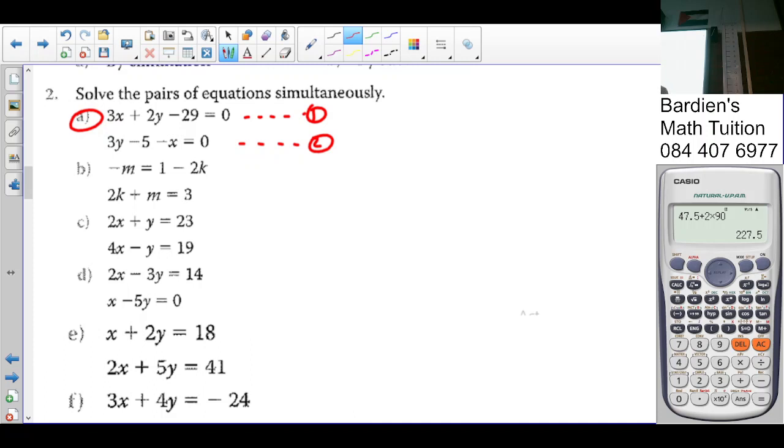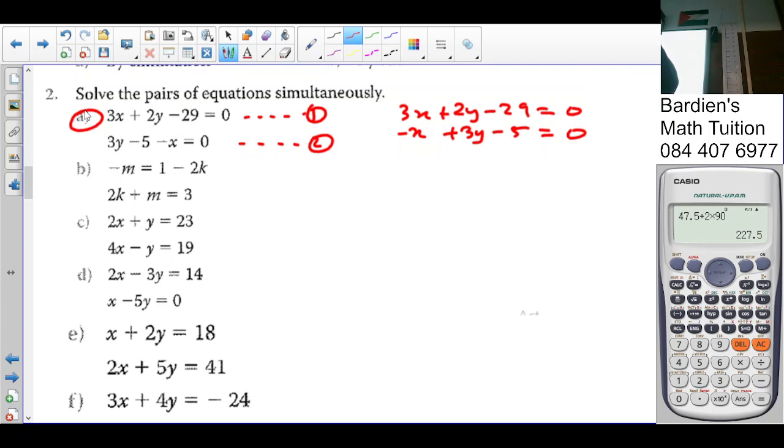So you say negative x plus 3y minus 5. So you wrote it as 3x plus 2y minus 29 equals 0. And then you said negative x plus 3y minus 5 is equal to 0. Is that what you did? Okay, which is correct. And now what did you do?